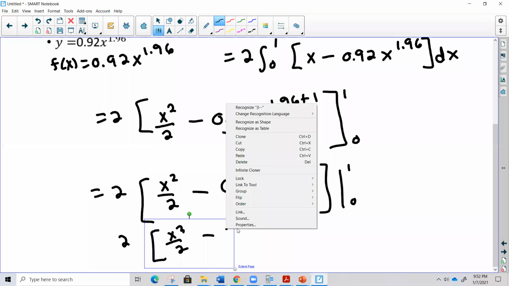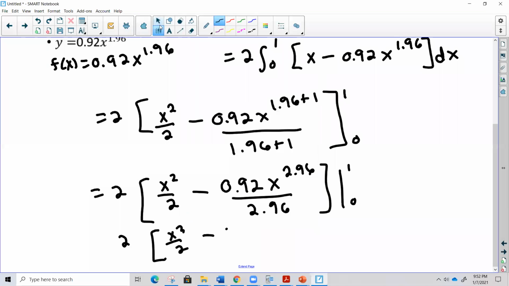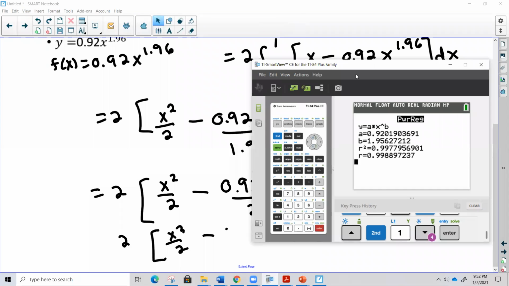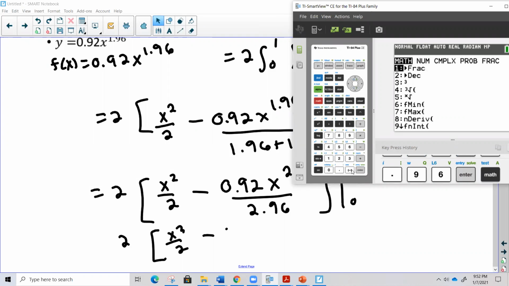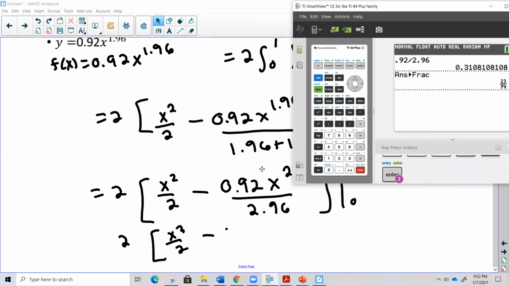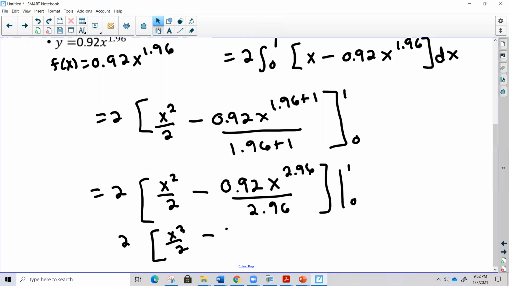Let me just show you. If I do 0.92 divided by 2.96, okay, I get a decimal that doesn't terminate. But what I can do is hit math frac and then enter, and I get 23 over 74. So that's what I'm going to put here. You also don't need to simplify it if you don't want.